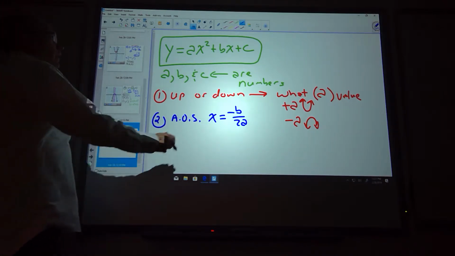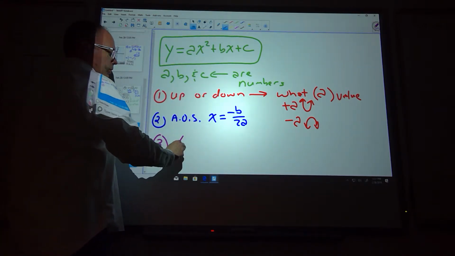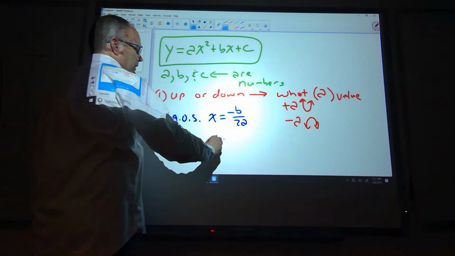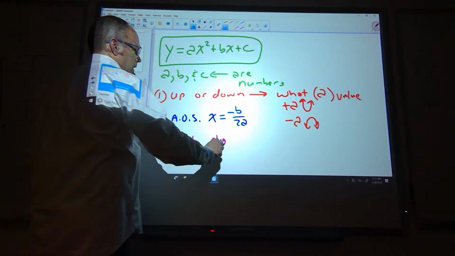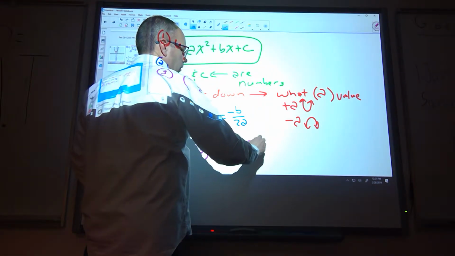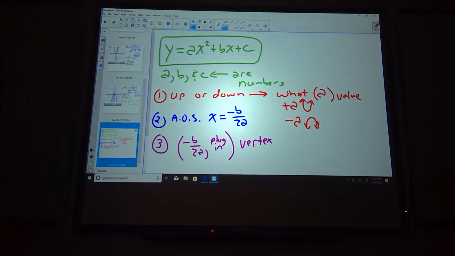Okay? And then the third step is plugging negative b over 2a in. And then you plug it back in to get the rest of your vertex. Now, the vertex is a couple things.